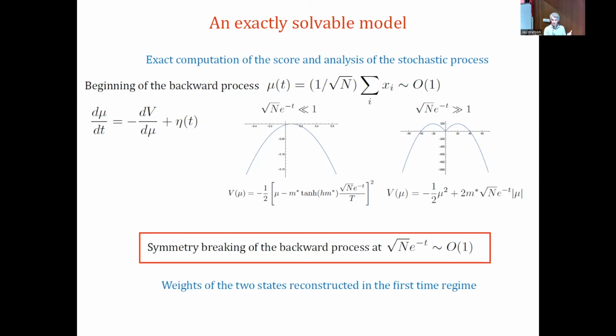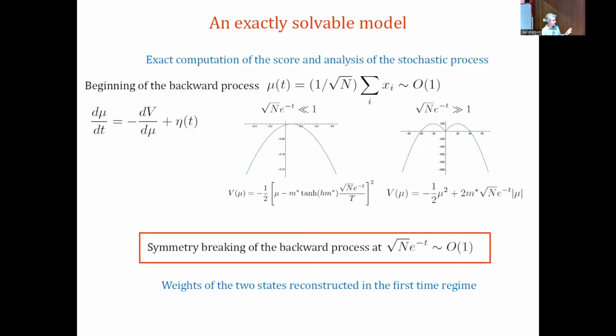So the symmetry has been broken, and really the parameter at which you have the symmetry breaking is exponential minus t times square root of dimension. So here we see really how the system breaks the symmetry, and we can also show that with this kind of equation, with this potential, since we have the exact score, the system reconstructs exactly the weights.